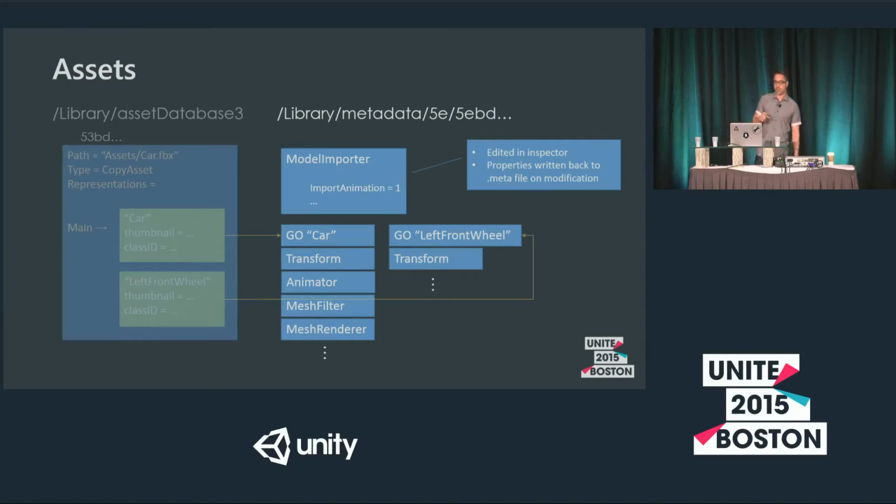And this is kind of interesting because when you go to an asset and you see the properties, the import settings, what you see there is the actual importer. And what you're modifying there is the actual importer. So you do your thing, you set the settings, and you hit apply, and we save that back out, and we write the properties that you set back out to the .meta file and then trigger re-import.